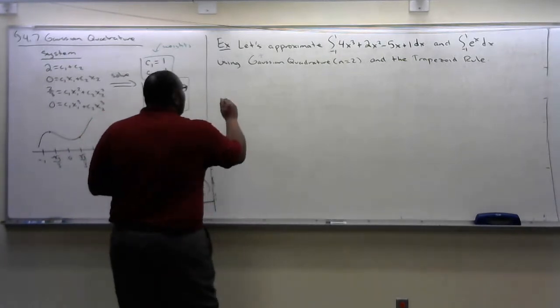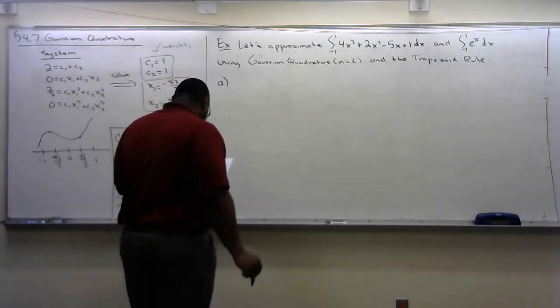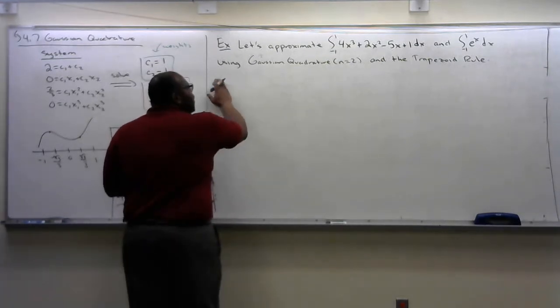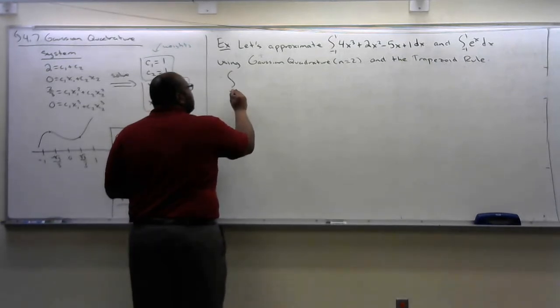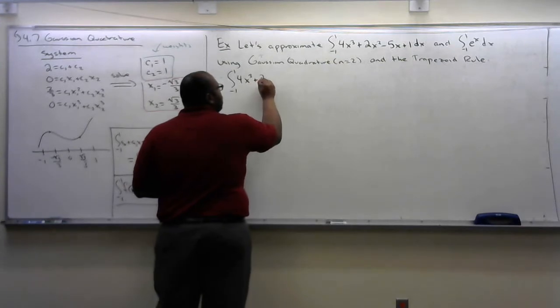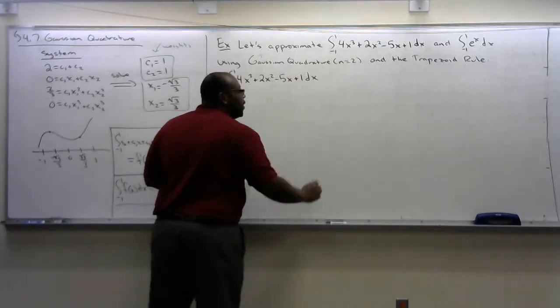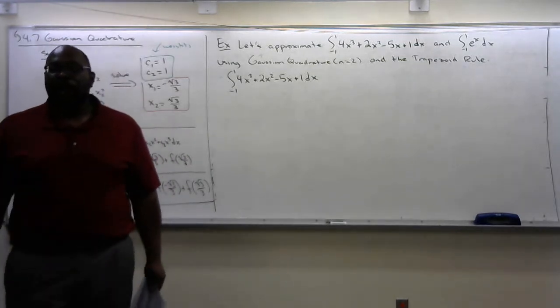So we look at A. Before we do that, what is the exact answer for both of these guys? So -1 to 1 of 4x cubed plus 2x squared minus 5x plus 1 dx. Let's find out what's the exact value of this.